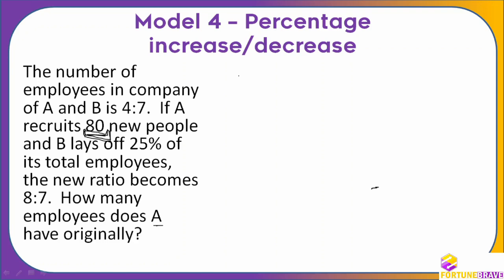So what I am going to do, I am going to see this initial ratio. Initial ratio is 4 is to 7 for A is to B. Now here 80 people are recruited and B lays off. Lays off means, not your eating lays, my dear friend, it means they will be losing the job.